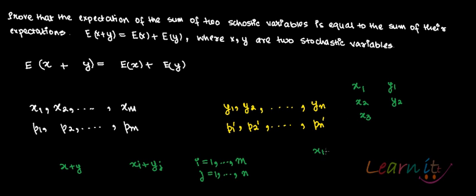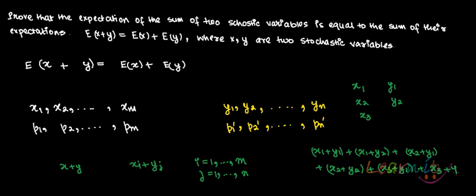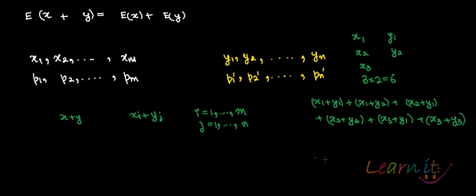So what you will do is x1 plus y1, this is the first; x1 plus y2, this is second; x2 plus y1, third; x2 plus y2, fourth; x3 plus y1, fifth; and x3 plus y2, sixth. So how many values has it taken? 3 into 2, that is 6 values. And here also it will take up mn values.